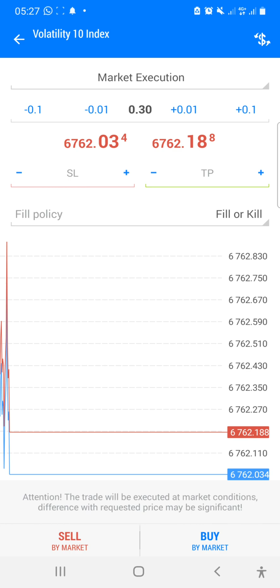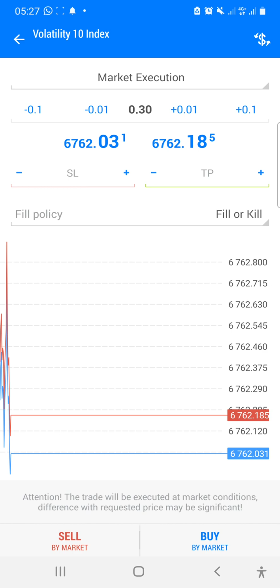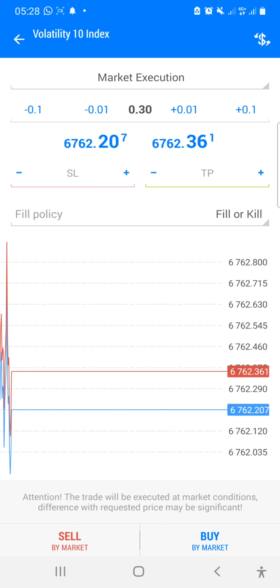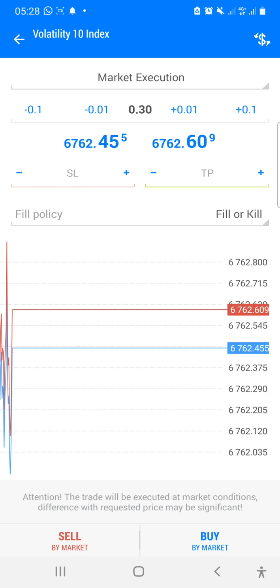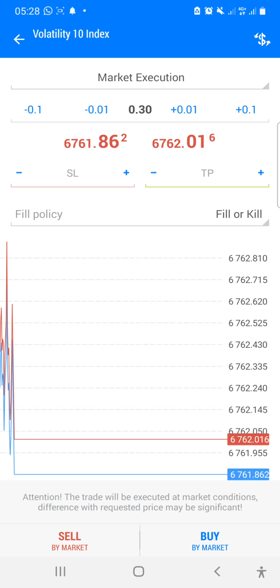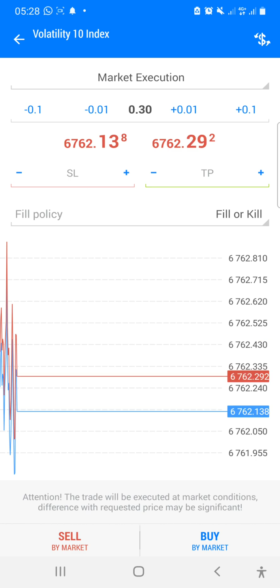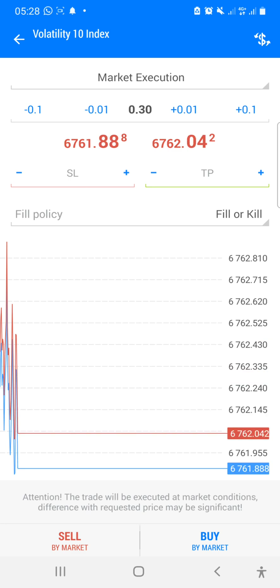They have different ones based on their volatility. In the volatility 10 index, the least lot size you can use is 0.30. Of course, you know that the volatility 10 index doesn't move fast.